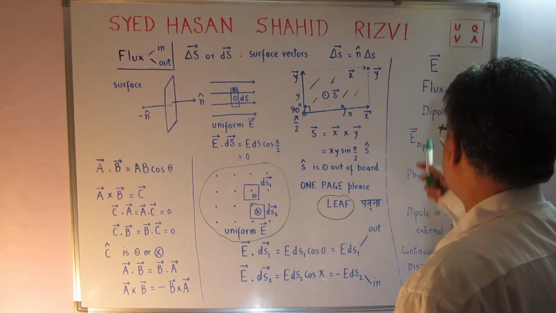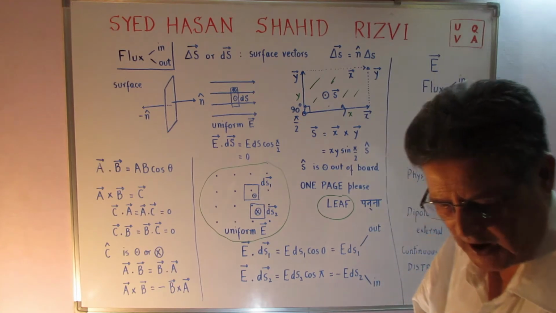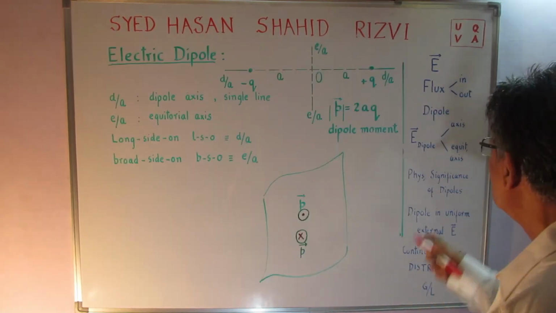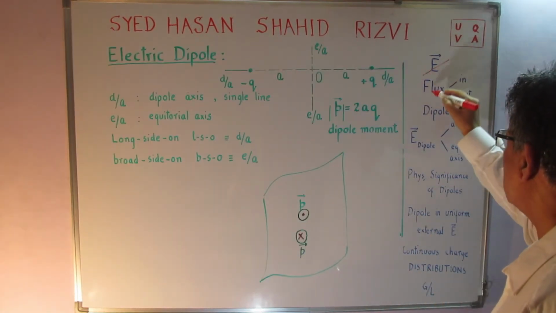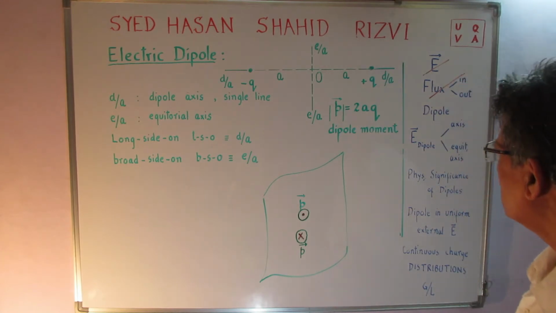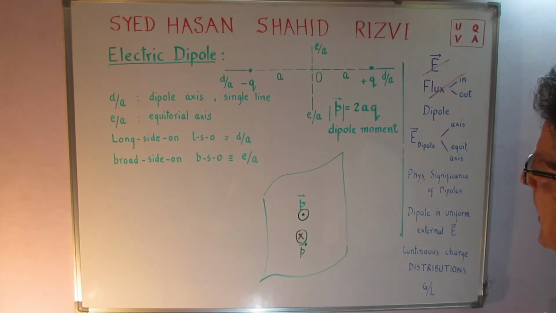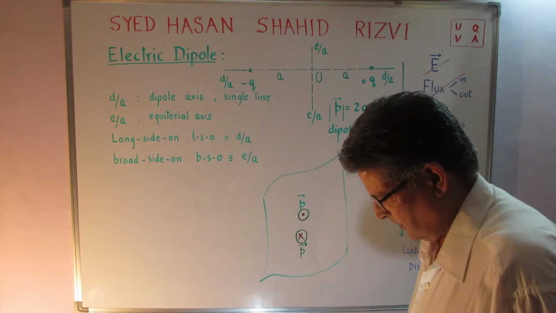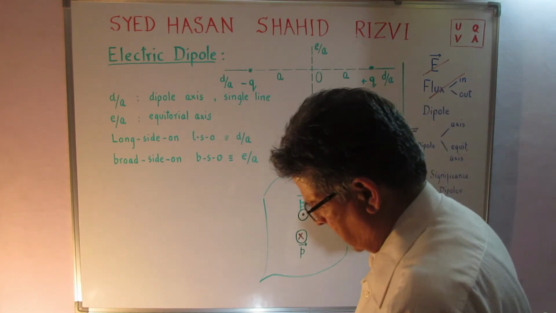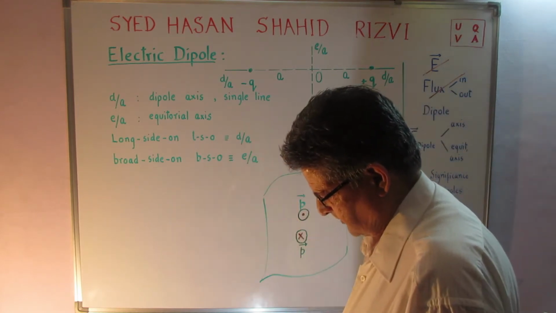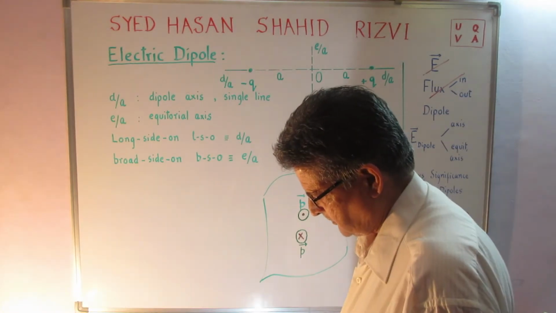Now next we take up an electric dipole. So we have had this, and this is out. Now dipole. Before these electric dipoles, we had magnetic dipoles.